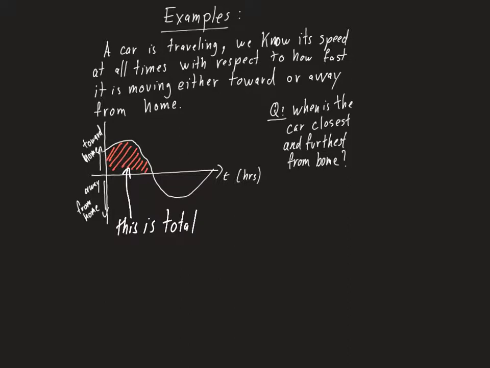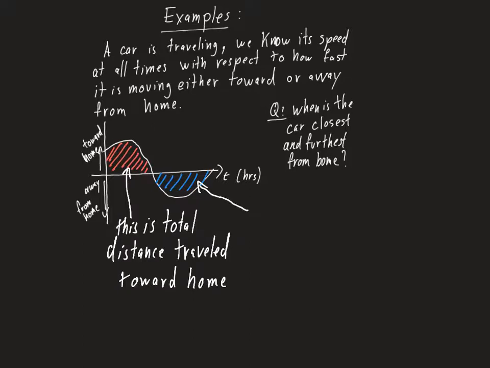The total distance traveled toward home during this first segment. This blue area here is the total distance traveled away from home.